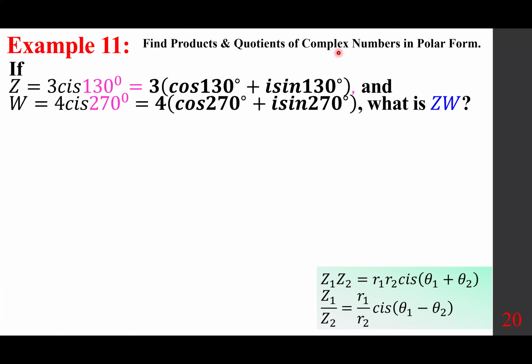Find products and quotients of complex numbers in polar form. If Z is 3 cis 130 and W is 4 cis 270, what is Z times W? So I'm going to multiply two complex numbers in polar form.